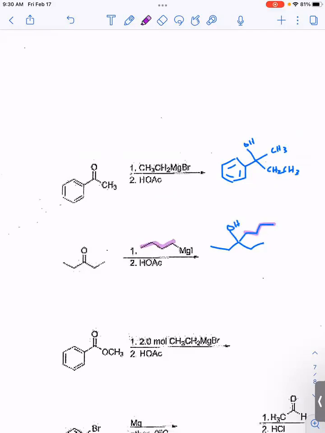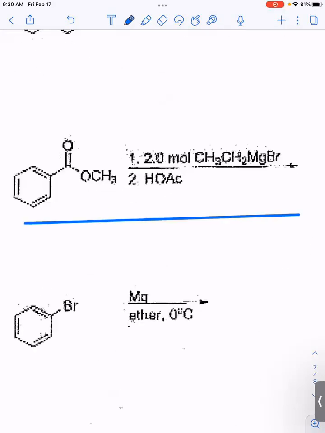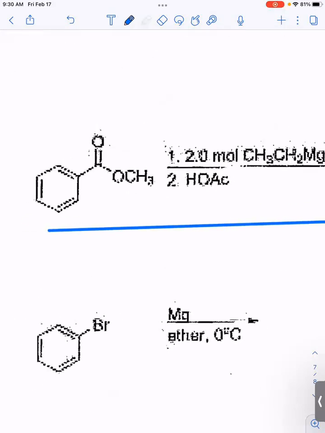All right. Let's do this one right here. Predict the product. That's what it's asking us to do. So what am I starting with? What functional group is this? It's an ester. Okay. That's the key to understanding this problem. Right?